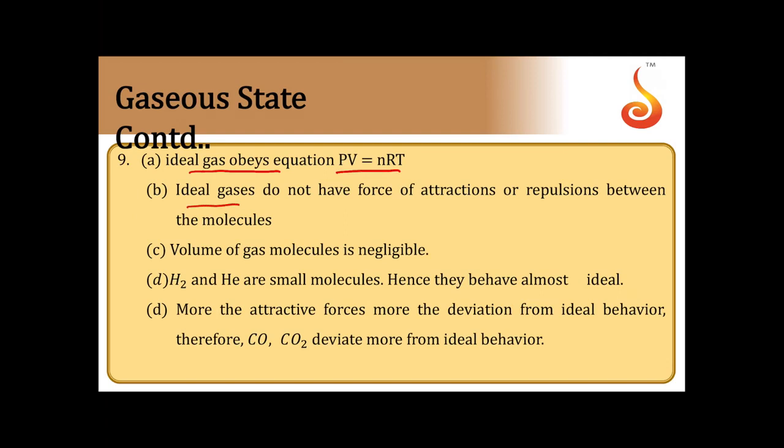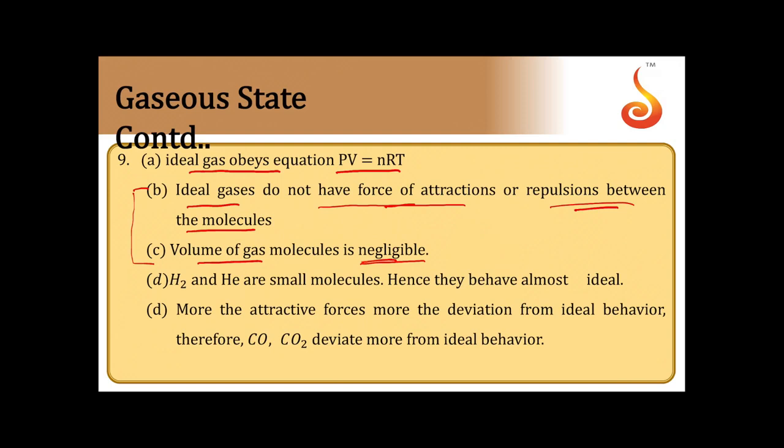Ideal gases do not have forces of attraction or repulsion between the gas molecules, so they have zero force of attraction, and the volume of the gas molecules is negligible. These are the main two points in the case of an ideal gas. That is, they do not have forces of attraction or repulsion, and the gas molecules' volume is negligible. We can say they are point volumes.